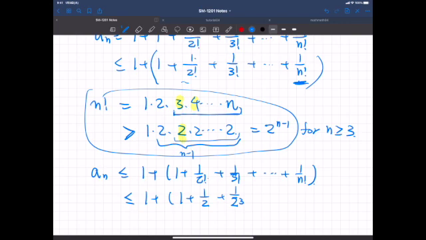So that's n minus 1, and up to 1 over 2 to the power of n minus 1.